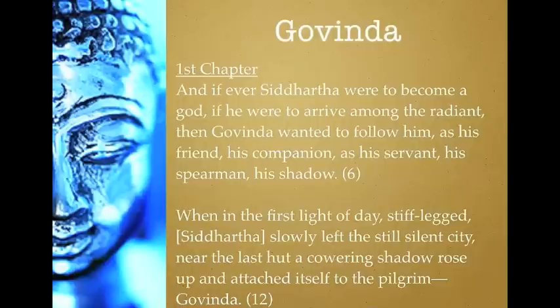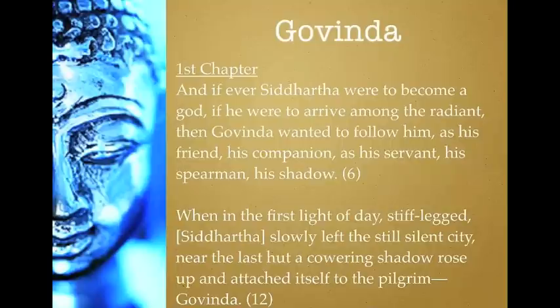Now, when we think in terms of the real thing and the shadow, what's the most important? Well, that would be the real thing. So Siddhartha is more important than Govinda. And so shadow, they're the same thing, but we want to focus on Siddhartha as being the important thing, Govinda being a part of Siddhartha, in this case the spirit part.